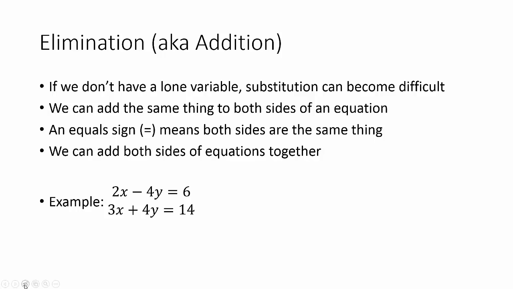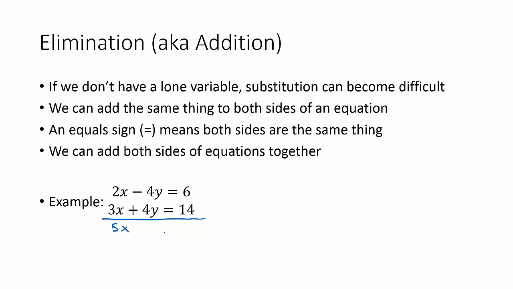I have these 2 equations here. 2x minus 4y equals 6 and 3x plus 4y equals 14. We can add these equations together because what's on the left is the same as what's on the right. So we're really adding the same thing to both sides. And when we add 2x plus 3x, we get 5x's.